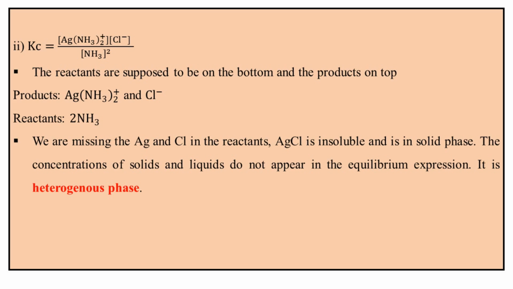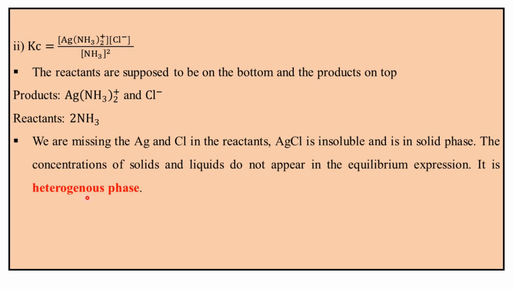Now, the products are in aqueous phase, and the reactants are ammonia and the silver chloride, which is in solid phase. Silver chloride is not appearing here because it was given a value of 1.